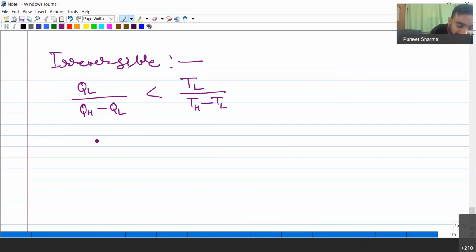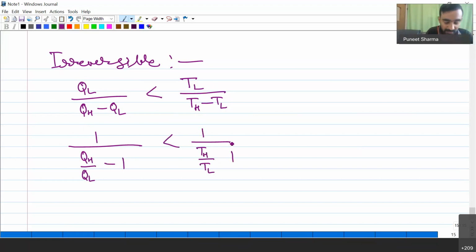So I can divide both numerator and denominator by QL. So I will find 1 divided by QH by QL minus 1 is less than, similarly over here I will divide by TL, so TH by TL minus 1. So finally I will find that TH divided by TL minus 1 is less in comparison to QH divided by QL minus 1.